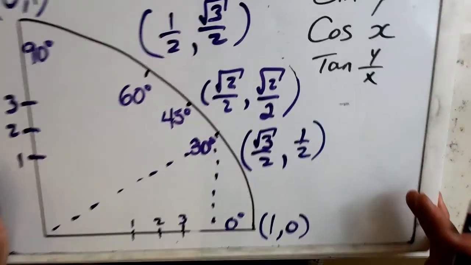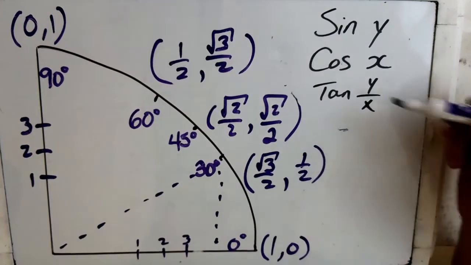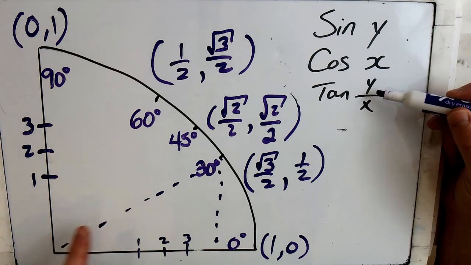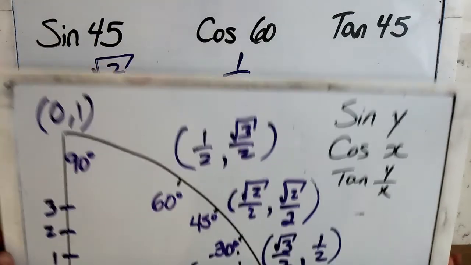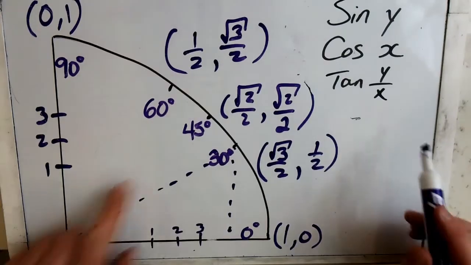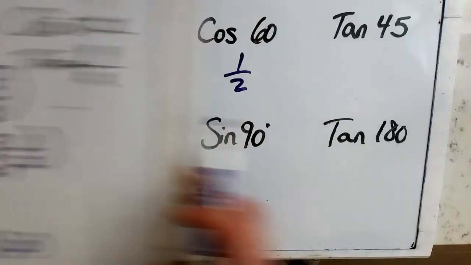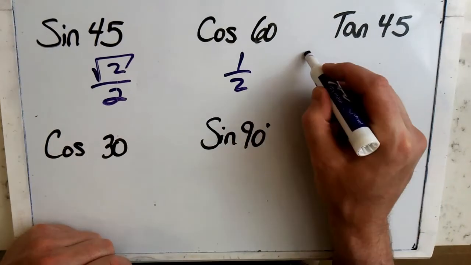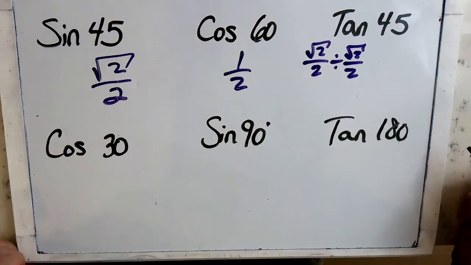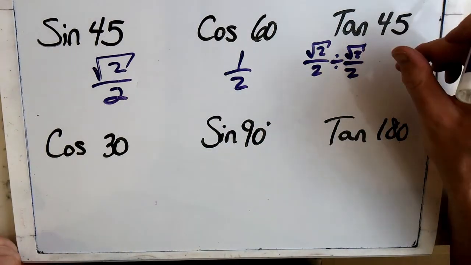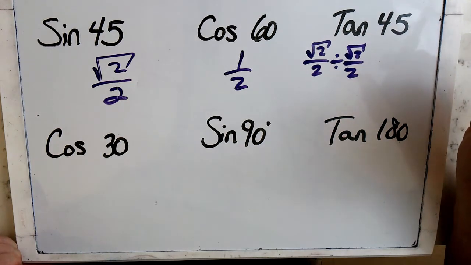Tan is y divided by x. So we have to look at the y-coordinate of 45 and take this one divided by this one. Now you can keep change flip the second fraction and simplify.